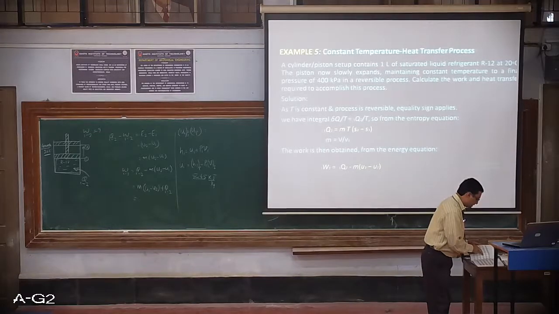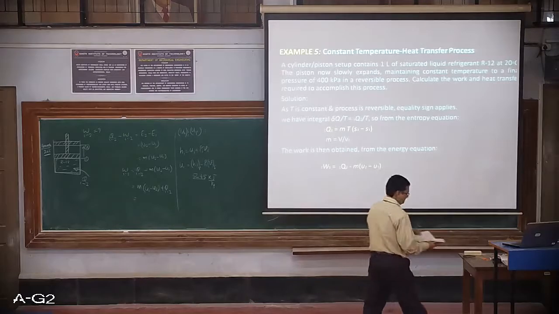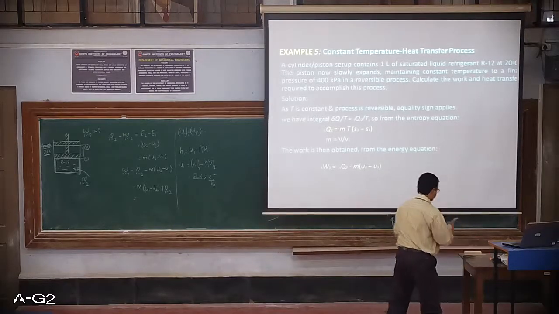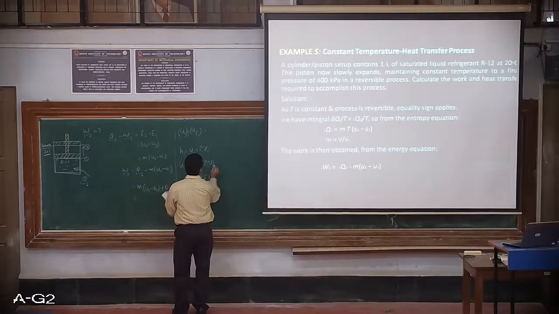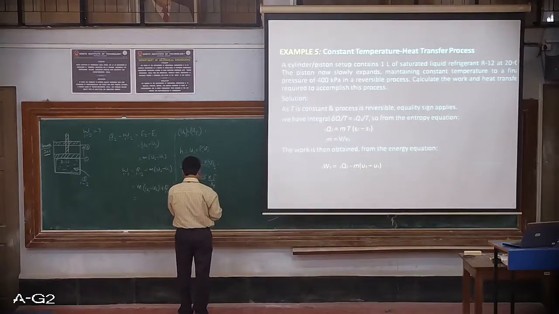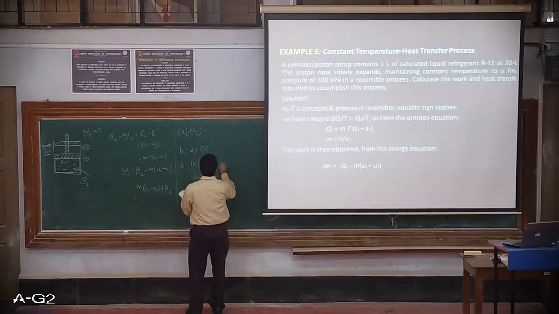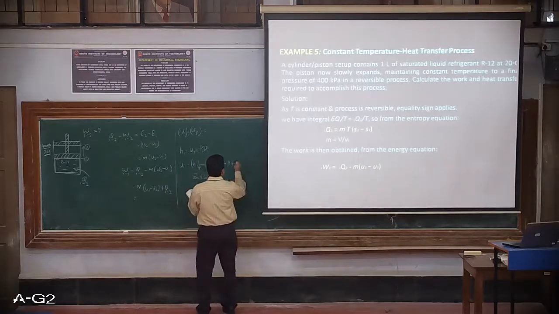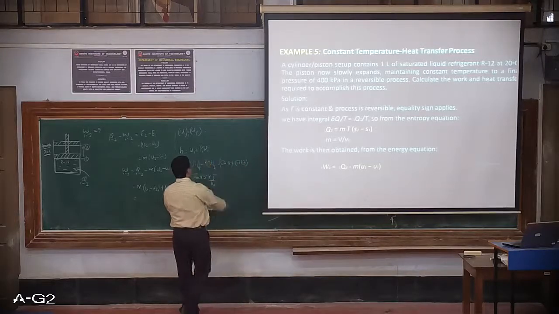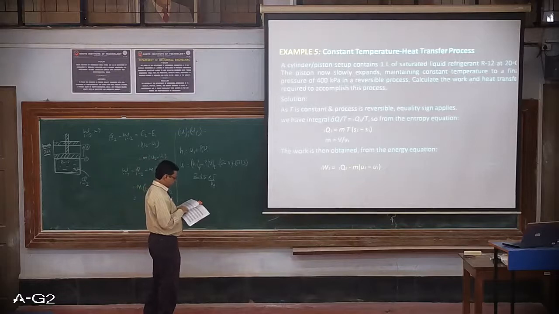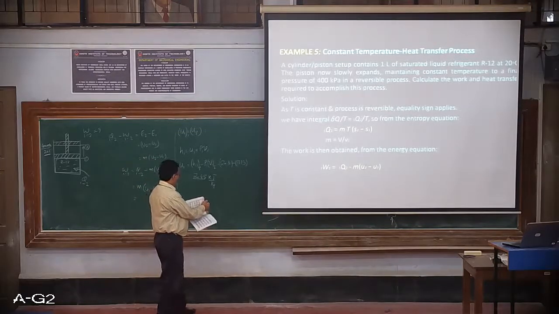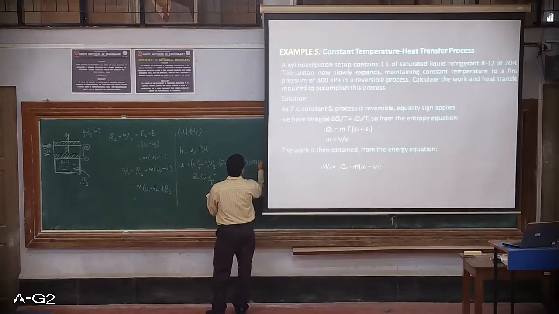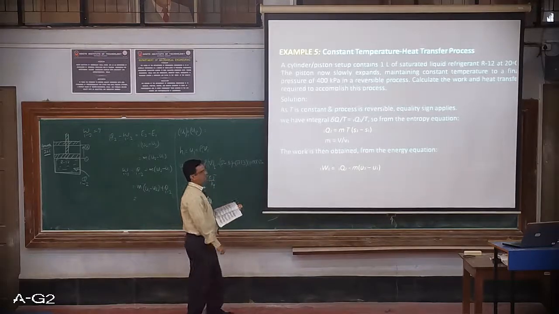Here I can give you the value of enthalpy: H1 for 20 degrees Celsius is 54.87 kilojoule per kg, omitting the units here, minus pressure 567.3 kilopascal, and the specific volume we already noted, 0.000752. That turns out to be around 54.45 kilojoule per kg.